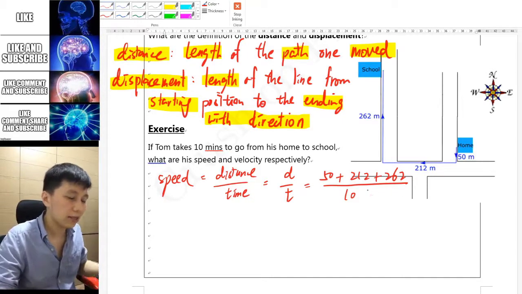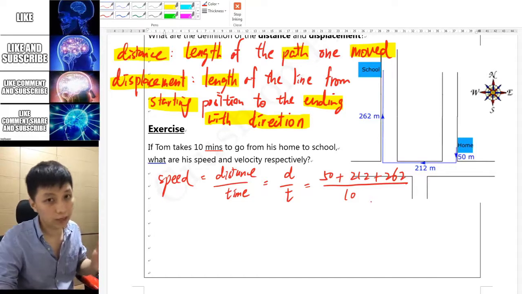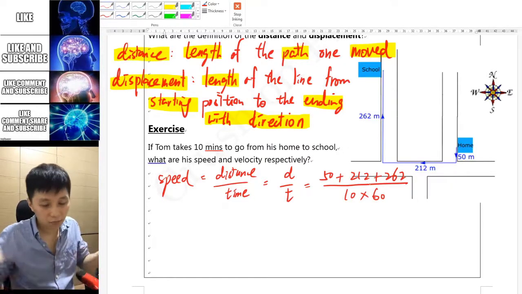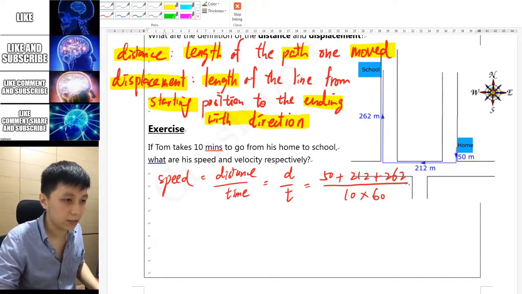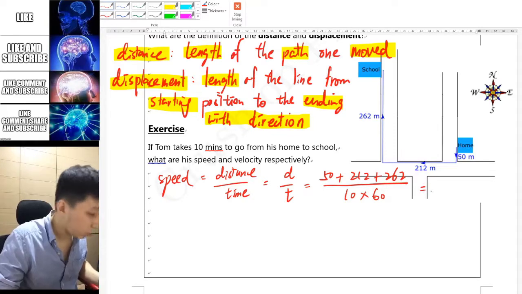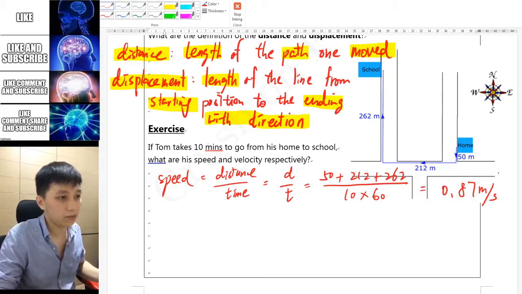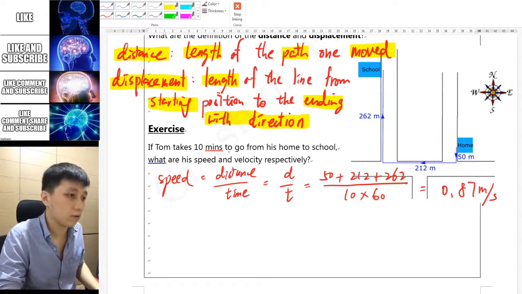So here, other than dividing by 10, you have to convert that into seconds as well. You can do it by multiplying by 60, because obviously 1 minute has 60 seconds. Then press your calculator and you will get something like 0.87 meter per second. So this is the speed that you get for Tom.